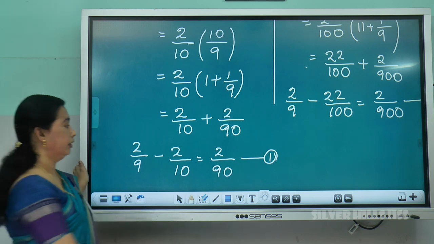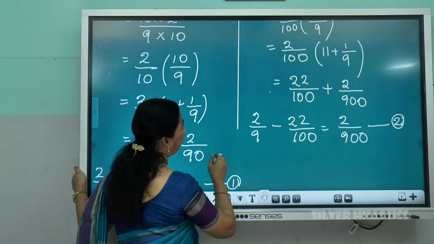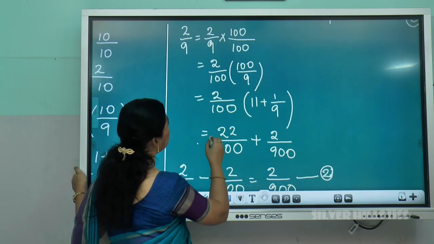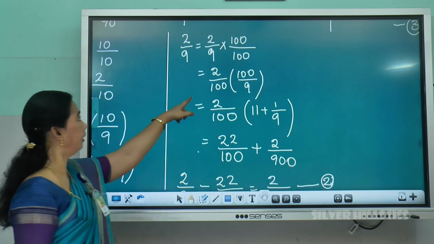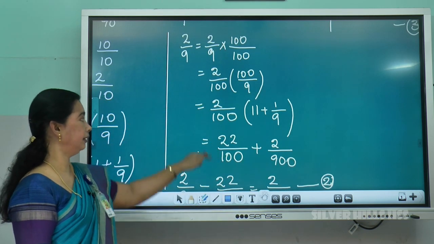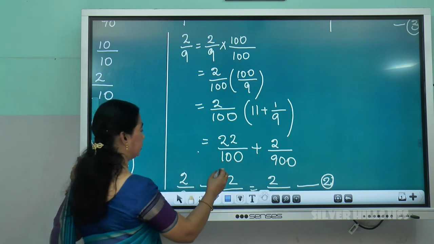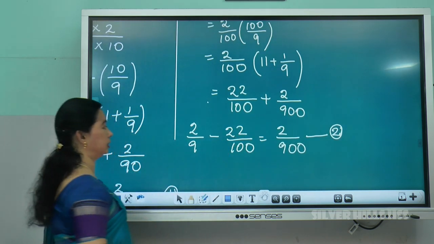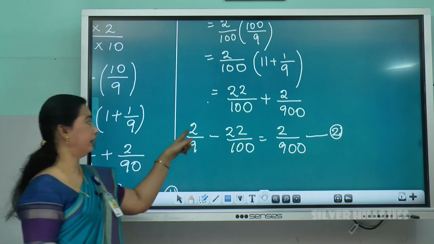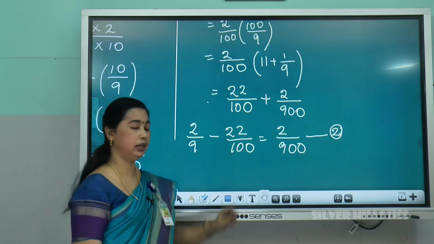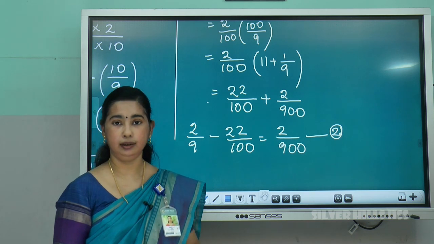Same way, multiplying with 100, I will get the same steps, that is 2 by 100 into 100 by 9, then making it a mixed fraction, you will get equation number 2. That is 2 by 9 minus 22 by 100 is equal to 2 by 900.